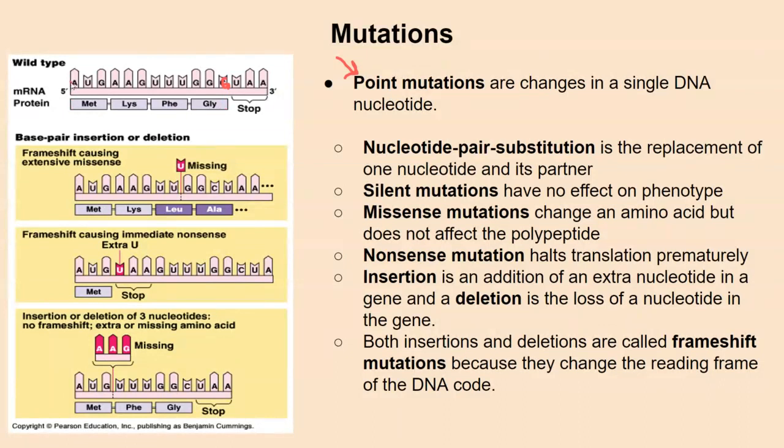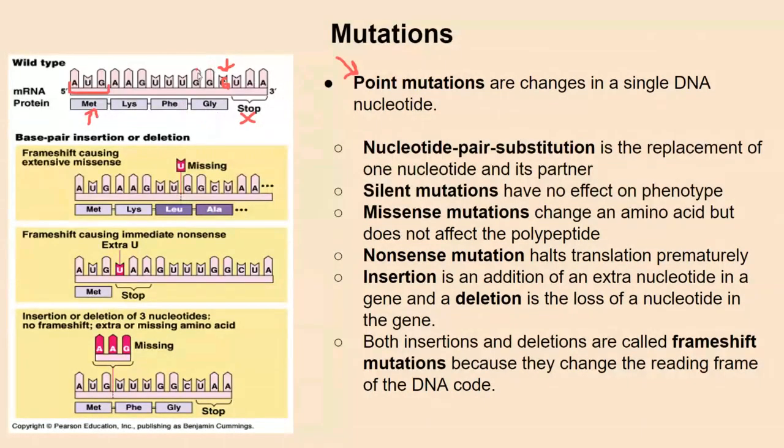And as we learned last week, these are read in triplets. Methionine is always going to be the start codon, and then we have something over here, which is the stop codon. If this happens on the third location of the codon, it probably won't make a big difference.